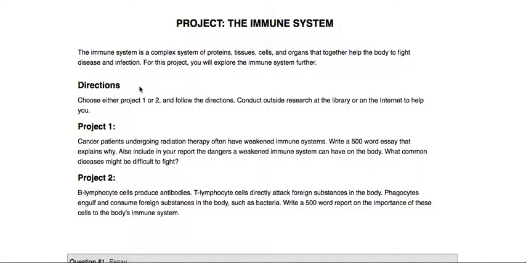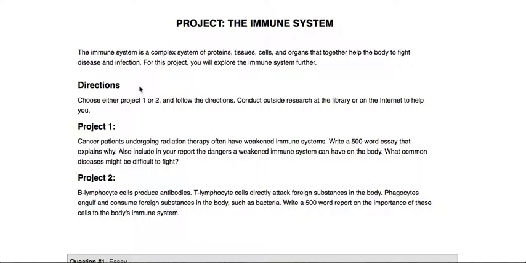Explain why those immune systems are compromised, and then include the dangers a weakened immune system can have on your body while you're fighting cancer using those methods. In addition, what are some diseases that might target your body if you're a cancer patient, and which ones might be difficult to fight off if you're immunocompromised?